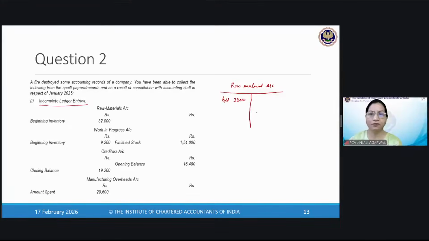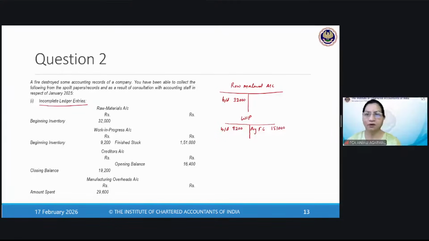Any other information? No. Then you have the WIP account, where the opening is given as 9,200 and movement to finished goods, 1,51,000.